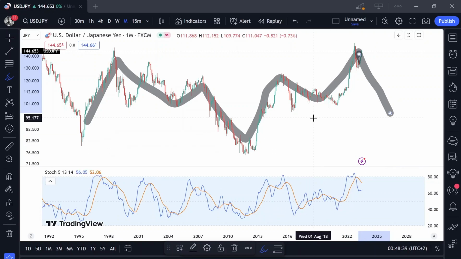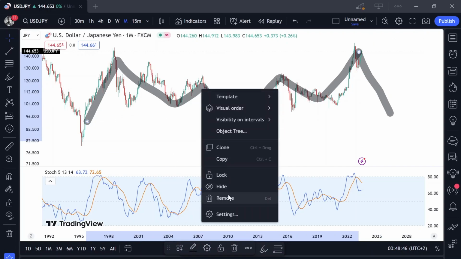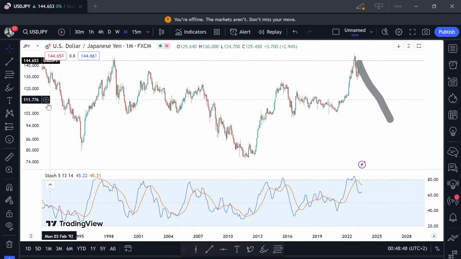Remember guys, I told you that we use the stochastic. So here's what we do when you're analyzing a forex pair.